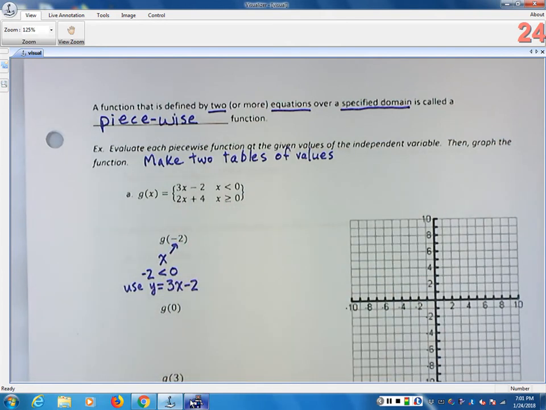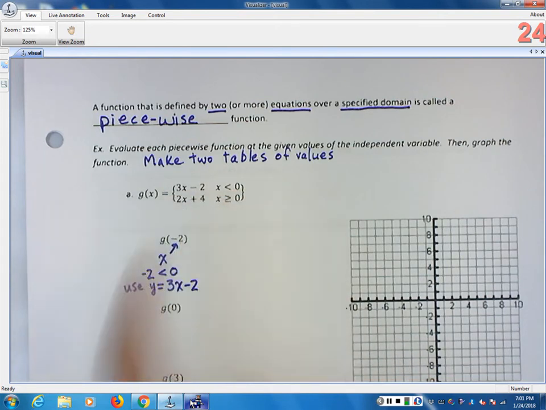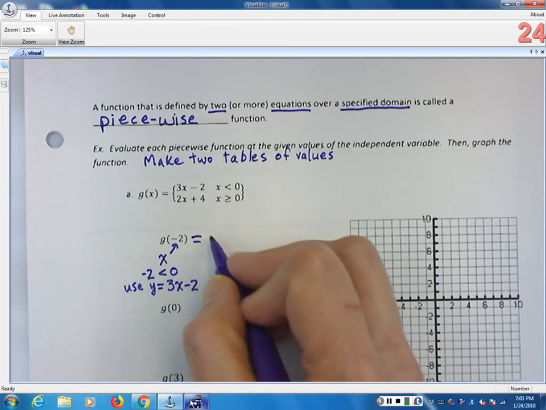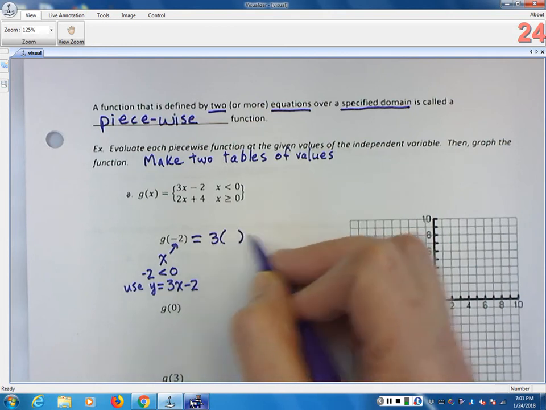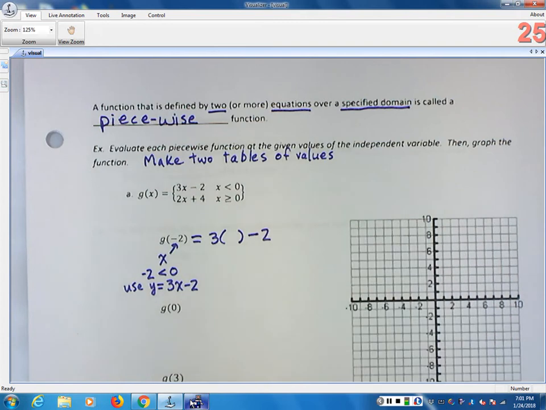You only use that one because x is less than 0. Don't use both definitions, because this is x and it's less than 0. You're only going to use that. So this is 3 times, and I just put a parenthesis, fill in what x is, minus 2.